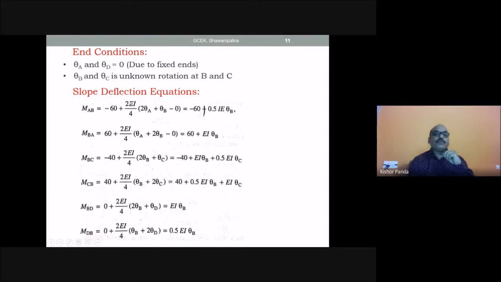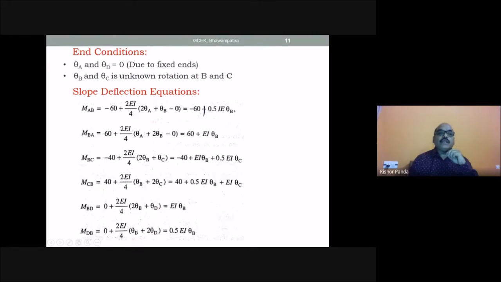Then the next step is the slope deflection equation. You have to find out the slope deflection equation. You have to put here MFAB, and theta A is equal to 0, and delta is 0 because this is the non-sway case, there is no sway.